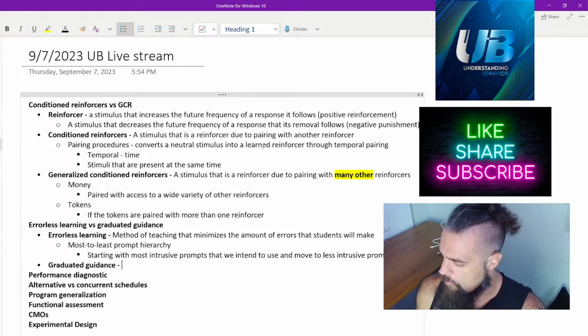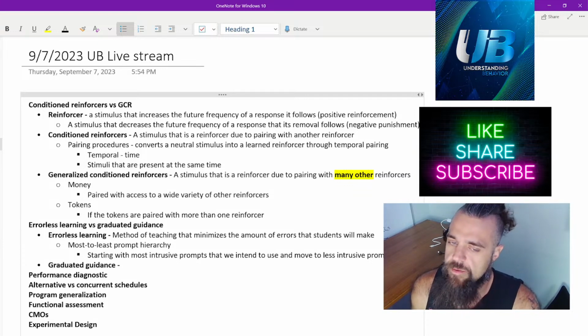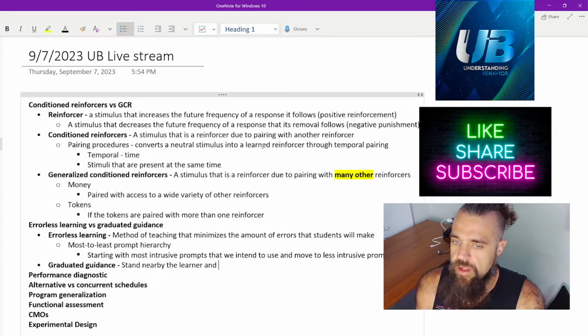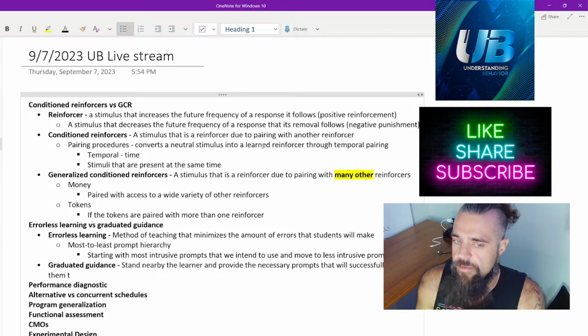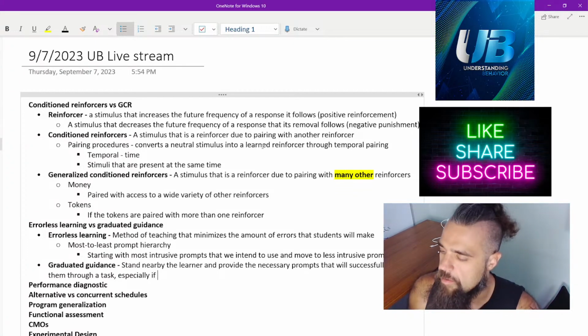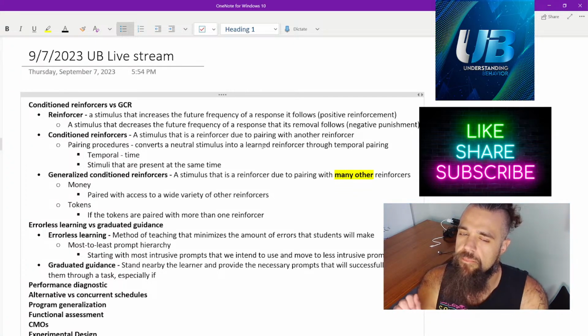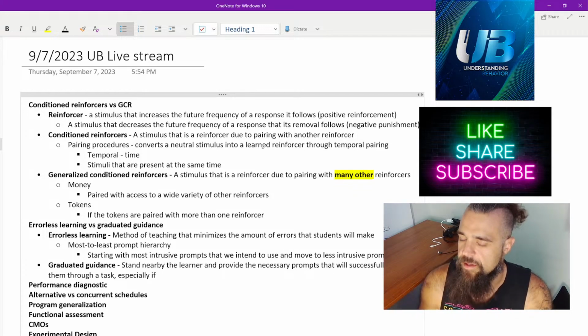So here, what we're doing is we stand nearby the learner and provide the necessary prompts that will successfully guide them through a task, especially if we have a step that is unknown or less familiar.